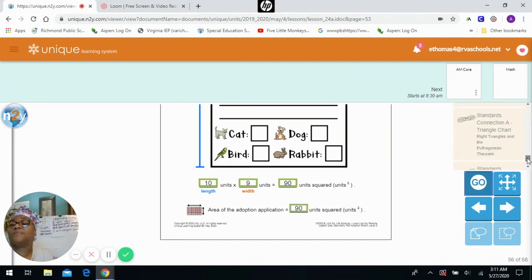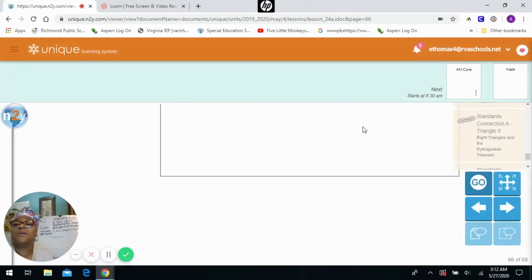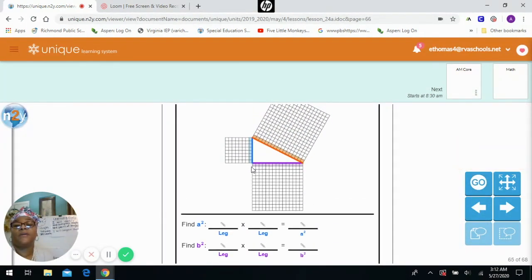Now, this is when we were talking about the hypotenuse and the right angle. This is the hypotenuse right here. You want to find A, this one and that one.